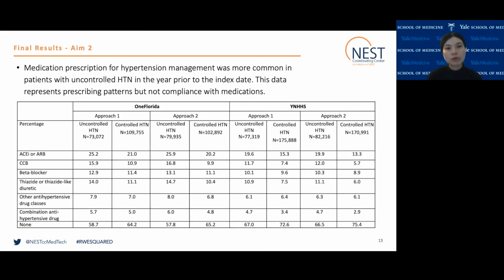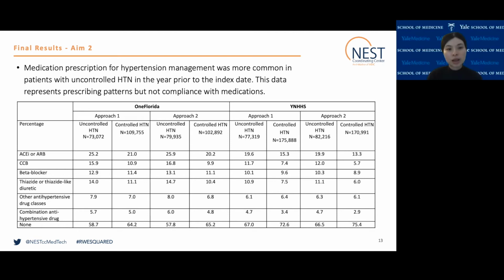In AIM2, we look at the prescription pattern. And we look at prescriptions for different drug classes for uncontrolled and controlled hypertension. Look at this table. If we look at the last row, we can see that more than 50% of the patients with controlled and uncontrolled hypertension have no prescription for antihypertensive medication.